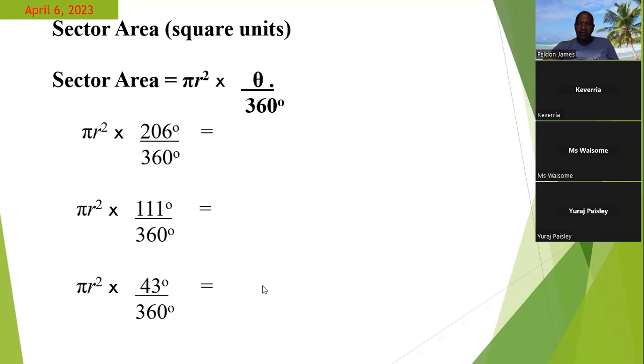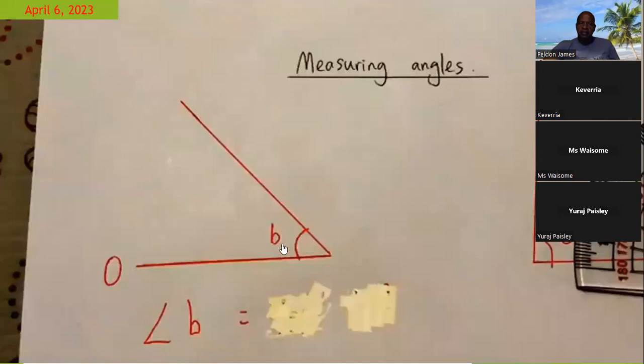The divider is used to measure sectors. You can share up the sectors, or you can share up the arc of a circle. All right, this video here is illustrated.